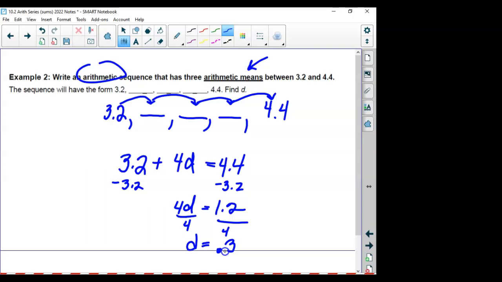Anybody else get point 3? So what would the missing terms be? 3.5, 3.8, and 4.1. Did I do that right?